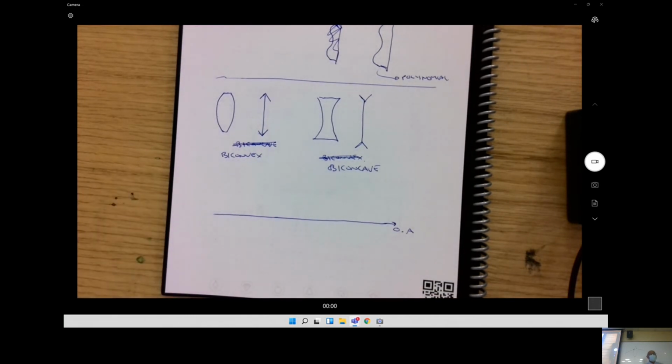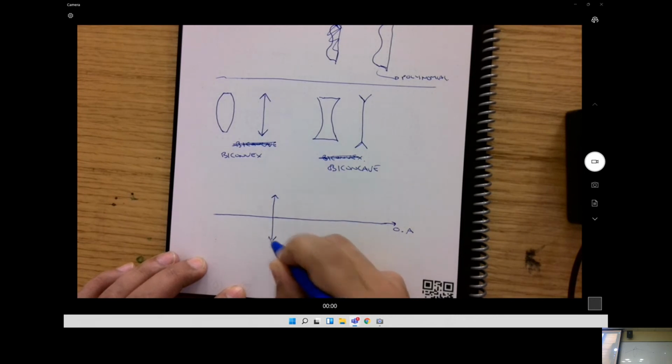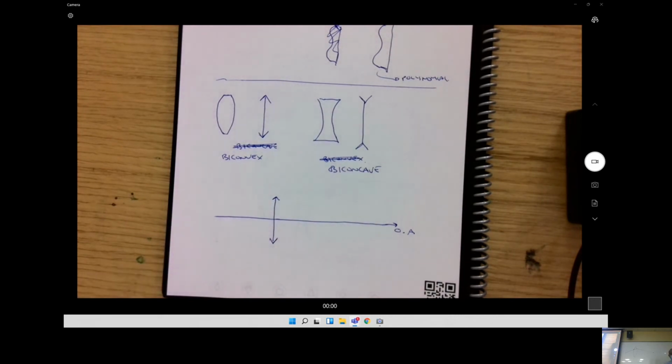Okay, I'm going to put a lens here. And this lens is going to be a biconvex lens. Now, somewhere along that optical axis, I'm going to put a light source, and I'm going to assume that it is really far away.